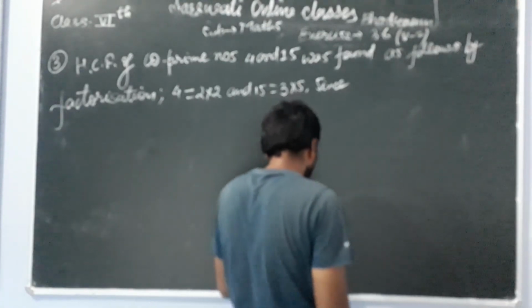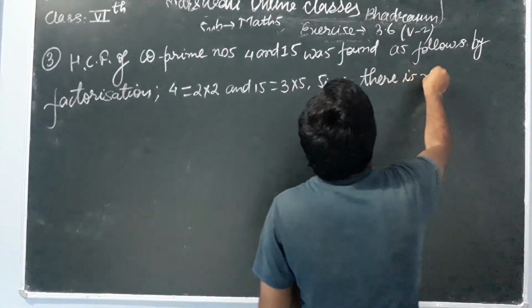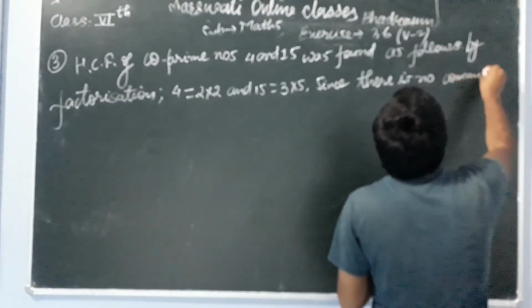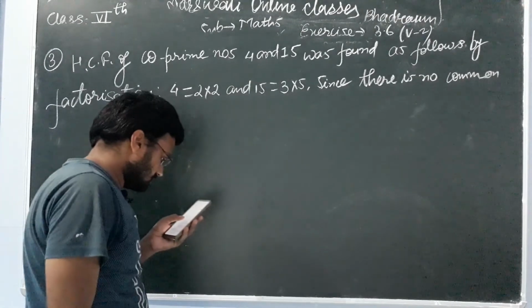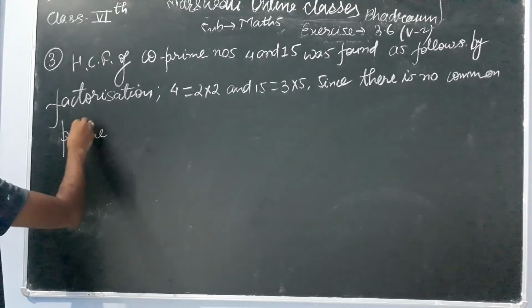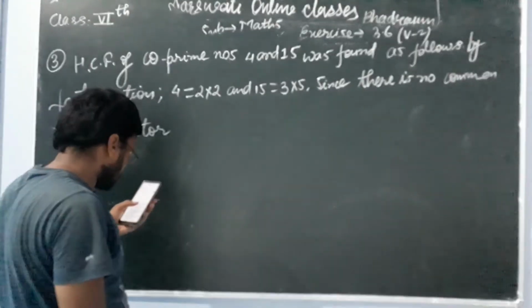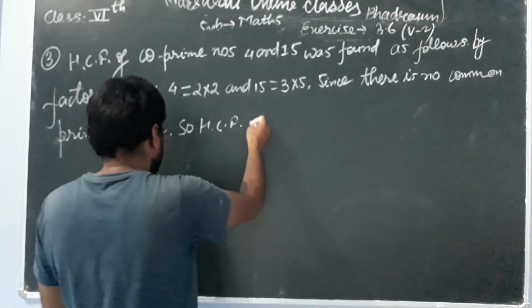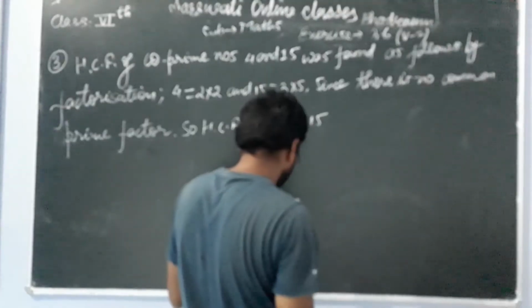Since there is no common prime factor, HCF of 4 and 15 is 0.